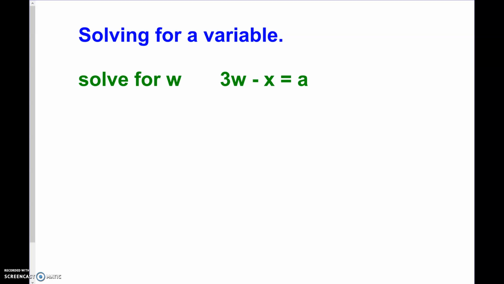All right, in this one, they want us to solve for W. So we have to get W by itself. All right, looks like the first thing we need to do is move this X. And because that says minus X, I am going to add X to both sides. So these are going to cancel out, and we're left with 3W.